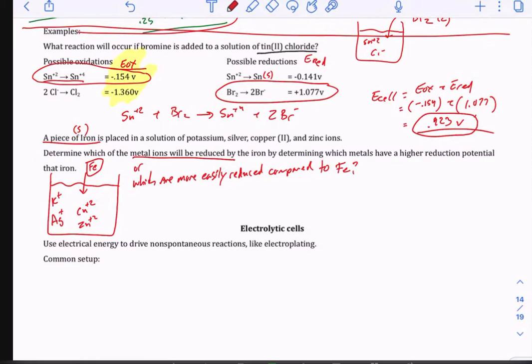And that's pretty easy to do. What you're looking for then is on your reduction potentials chart, which of these have higher reduction potentials than iron? So I'll give you a minute. Just take a glance at your chart.